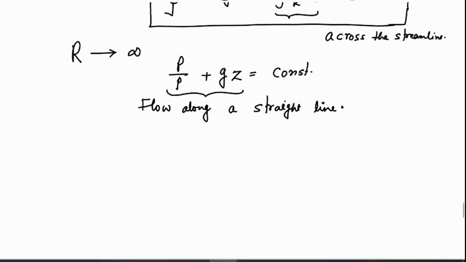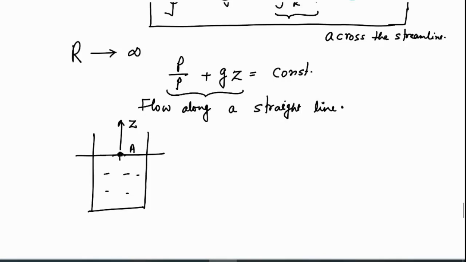What this means, for example, let us consider a stationary fluid. This dimension is your z direction, and let us consider this point is point A and this point somewhere here is B. This is a stationary fluid.